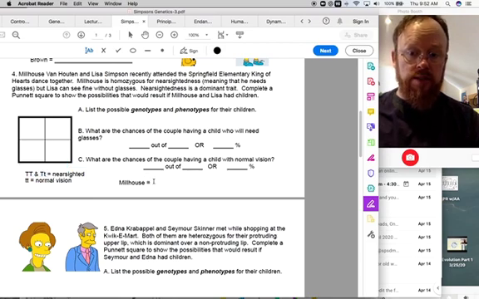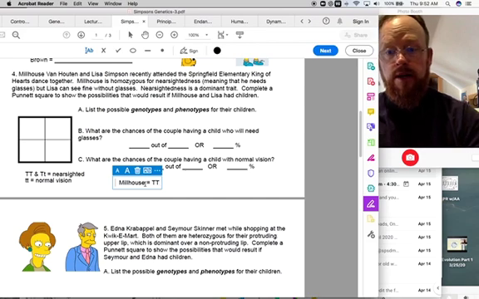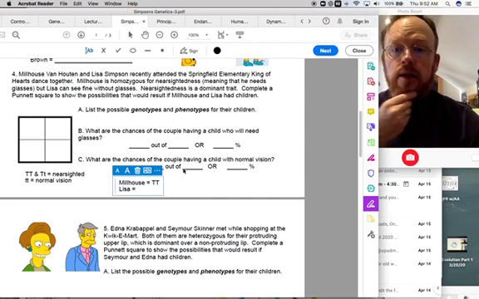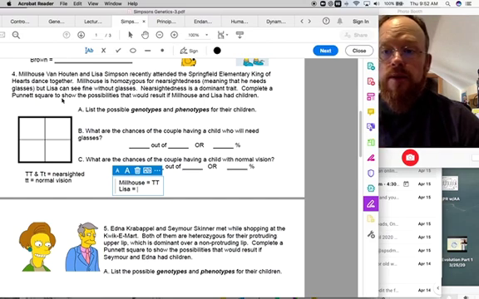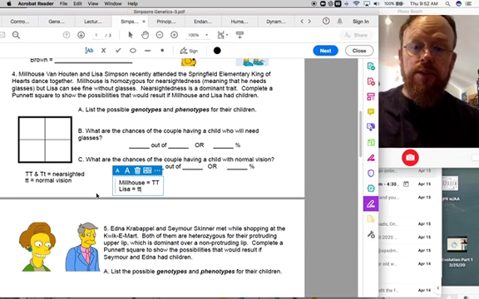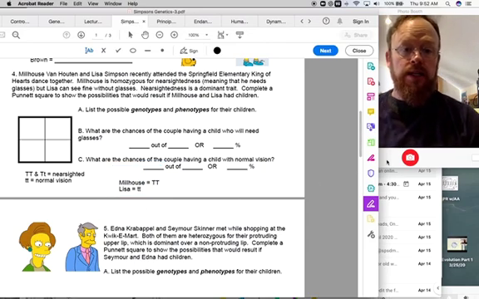Well, he's homozygous, so Milhouse is going to be big T, big T. Okay, and how about Lisa? Lisa can see fine without glasses, so that means she's normal vision. So she's little t, little t. Okay, so now we know the genotypes of Milhouse and Lisa.